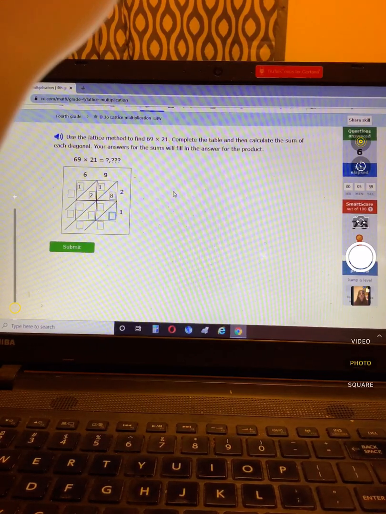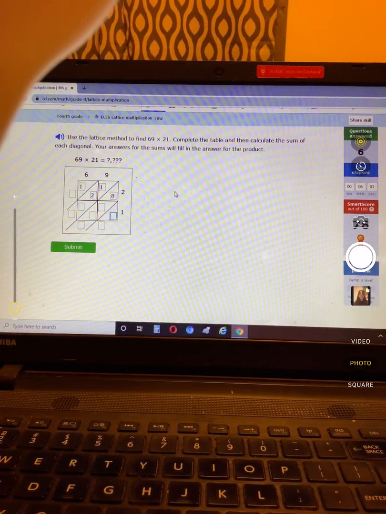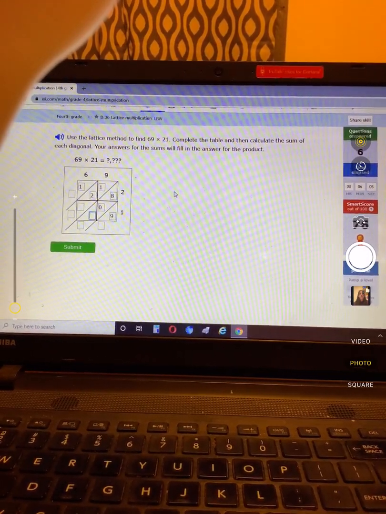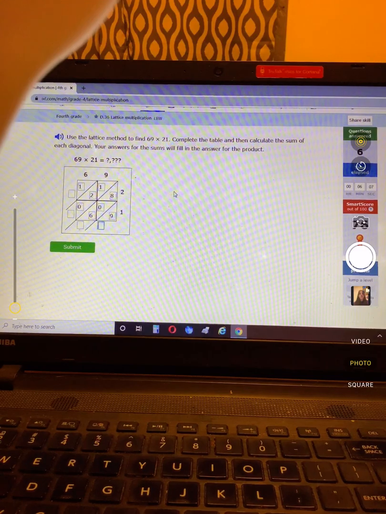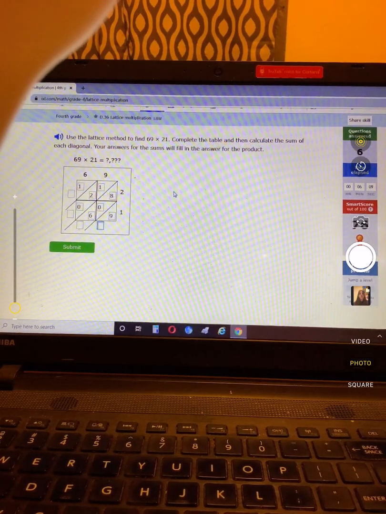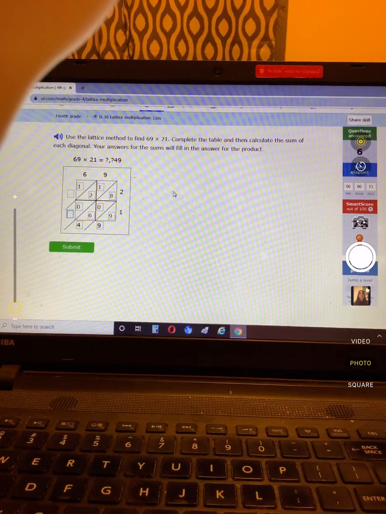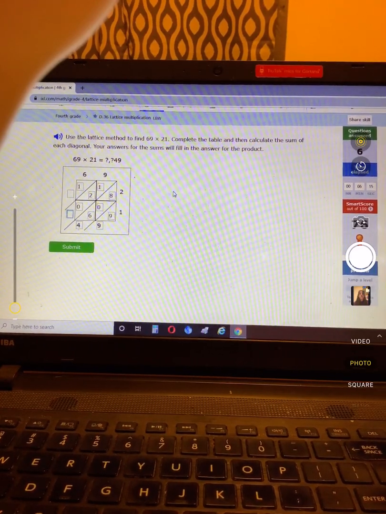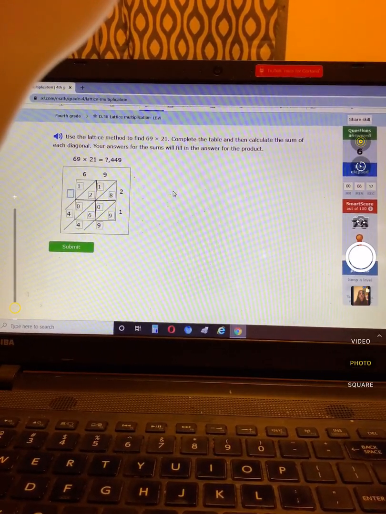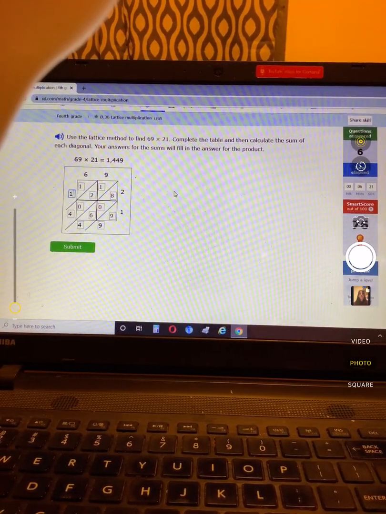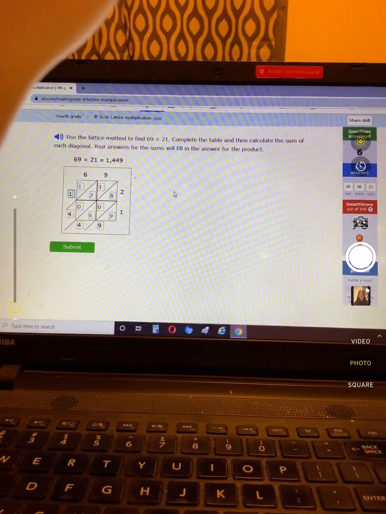Okay, 1 times 9 is 9, so I put the 9 there and a 0 there. 1 times 6 is 6, so I put the 6 on the bottom and a 0 there. Now I can add 9. 8 plus 6 is 14. We carry 1, so 1 plus 2 is 3, plus 1 more is 4, and then we have our 1. So 69 times 21 should be 1,449.